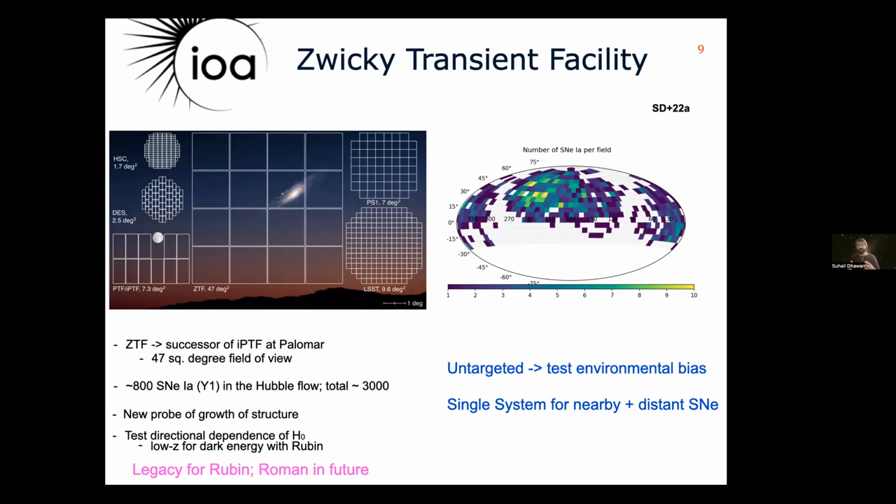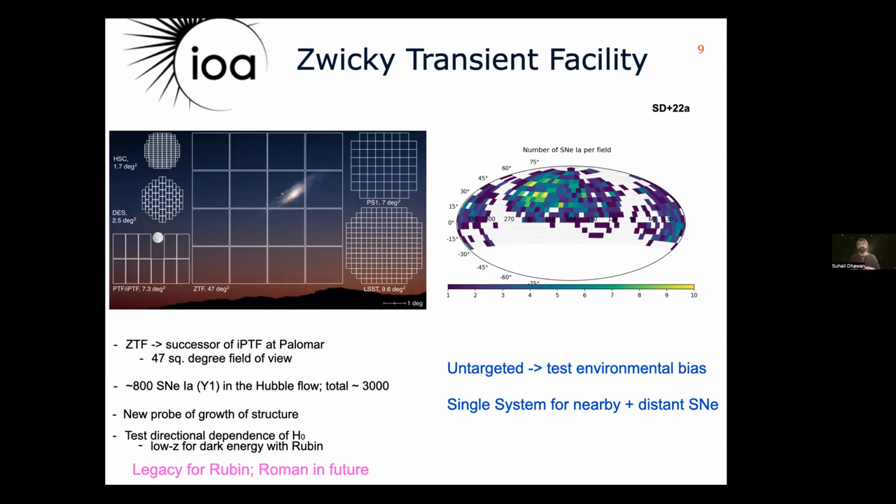And one of the surveys that I have been working on quite actively is the Zwicky Transient Facility. It's an excellent discovery machine for supernovae, and it does so in a way that is very different from the literature, with a certain advantage that it is an untargeted survey.